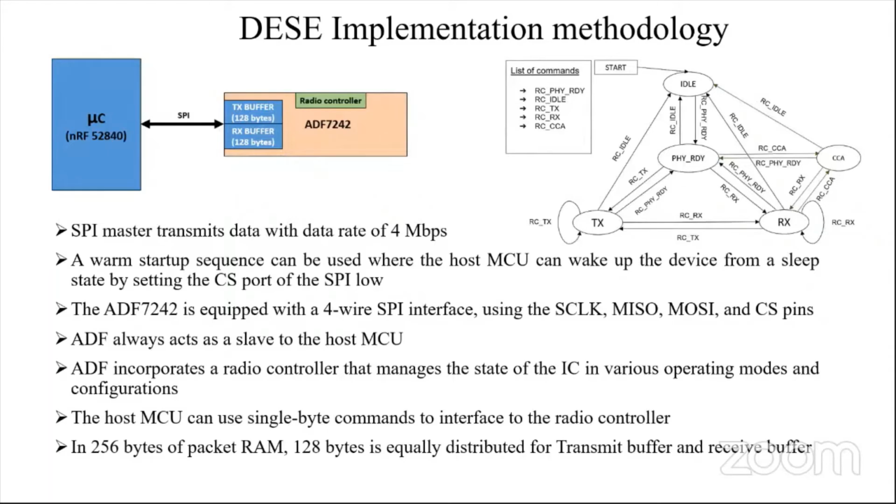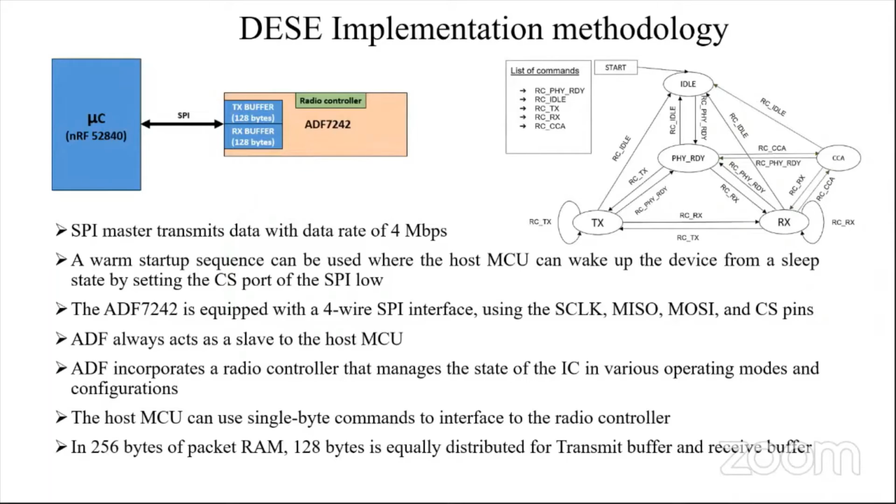See, this project is a large project in which there are multiple partners, and we are not developing the radio. The radio is coming from IIT Hyderabad. But at the same time, we have to continue our development of the MAC, right? That's where we chose a controller. It can be any controller. We just chose NRF52840.